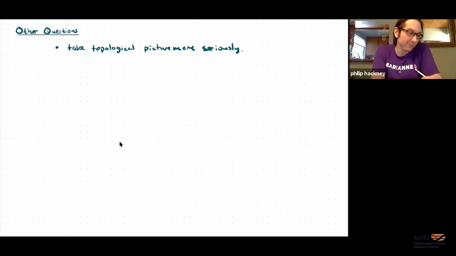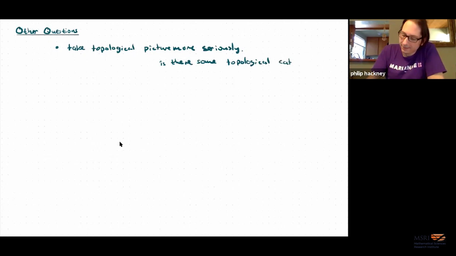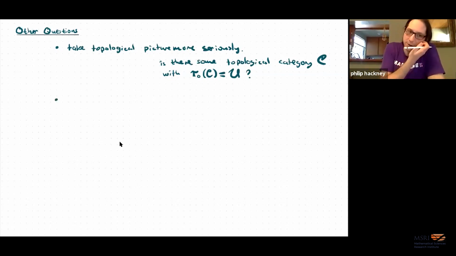I described early on in the talk that these graphs could be considered as spaces with some subset of vertices, and I could conceivably look at, is there some topological category C with pi 0 C equals U, for example, where now I've replaced these combinatorial embeddings with actual embeddings. It'd be cool to see this work over other ground categories.